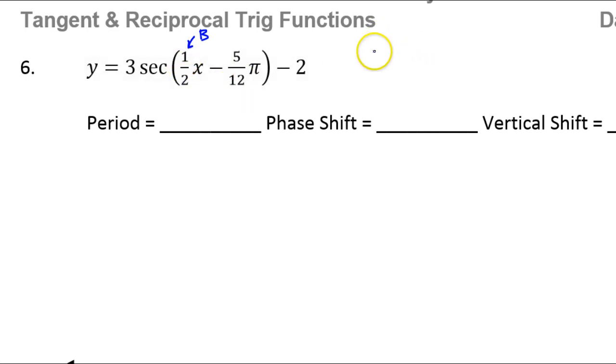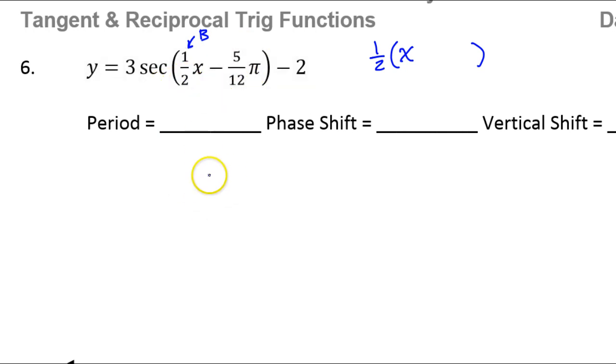So let's get that done right now. I need to take that 1/2 and bring it outside parentheses. When that happens, if I want to know what goes here, I need to divide this number by the b value.